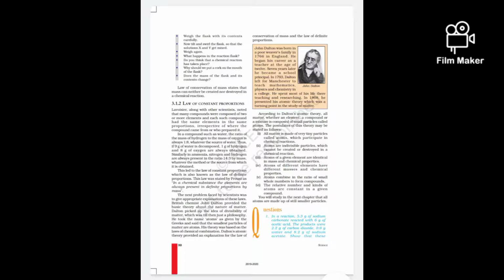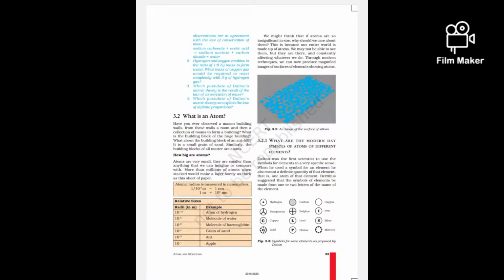all matter is made of very tiny particles called atoms. Children, atoms are the fundamental particles of a substance. See children, atoms are the smallest particles of an element which may or may not have independent existence but take part in a chemical reaction.